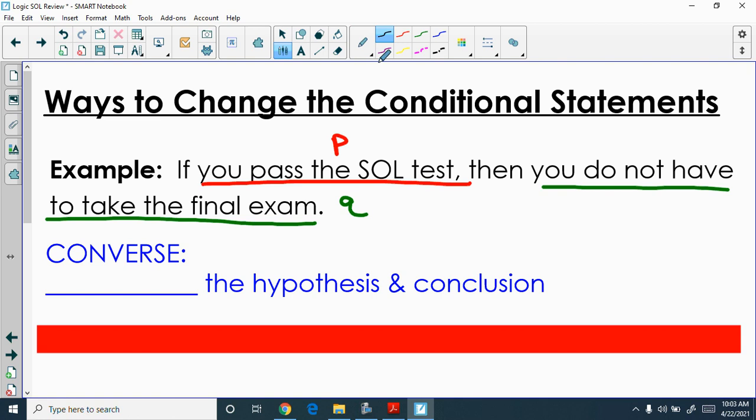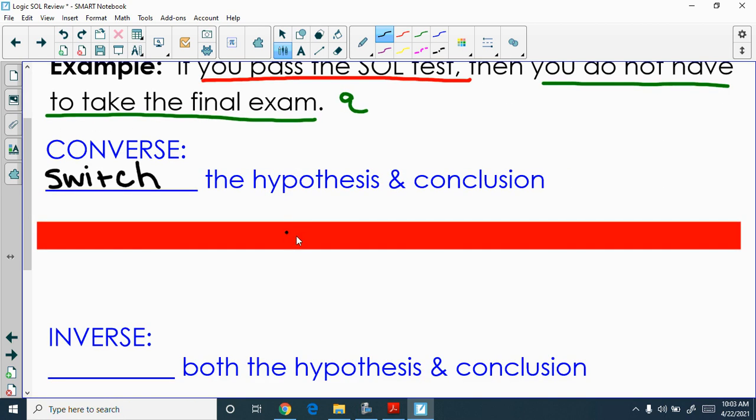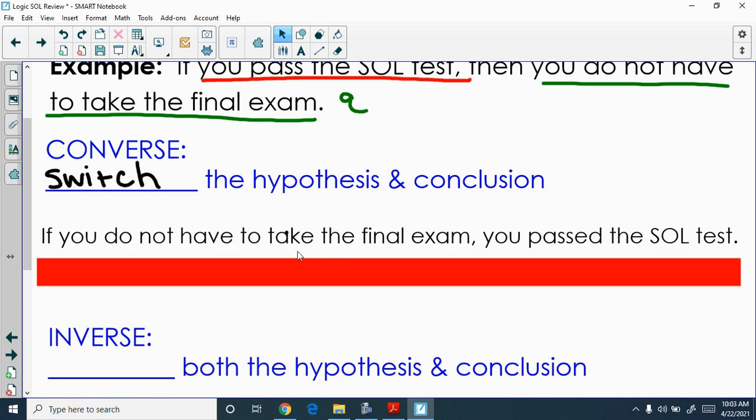So for the converse, we're actually switching the hypothesis and the conclusion. So our statement would be, if you do not have to take the final exam, you passed your SOL test.